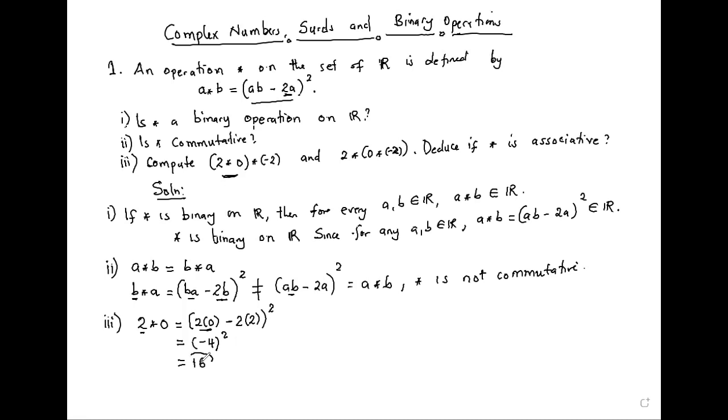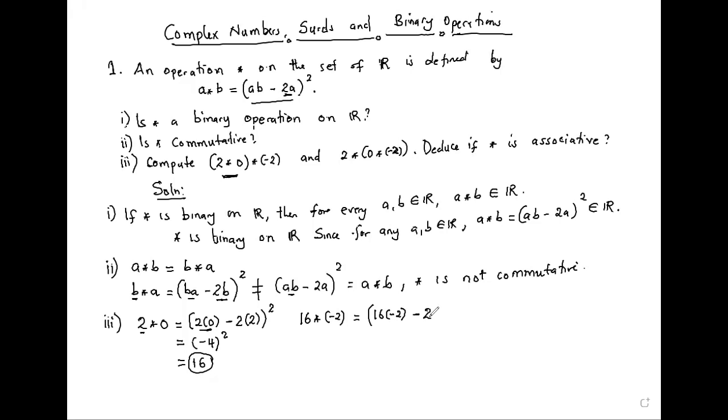This number, we now place it where there is 2 star 0. So we now have 16 star negative 2, which is, you open the brackets, multiply A times B, that will be 16 times minus 2, and then minus 2 times what?